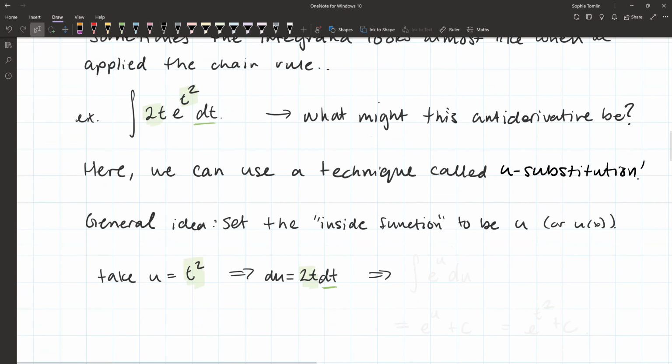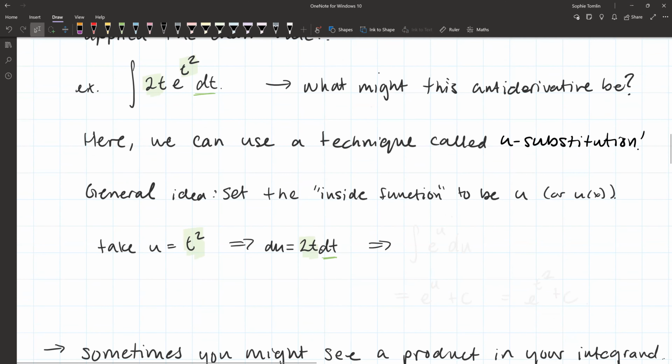And so the general strategy is we'll set the inside function to be just a variable u, but what it's actually doing is a function in terms of x. So, for example, here we would take u is equal to t squared, but then remember that when we have a composition like this, you have to multiply by the derivative.